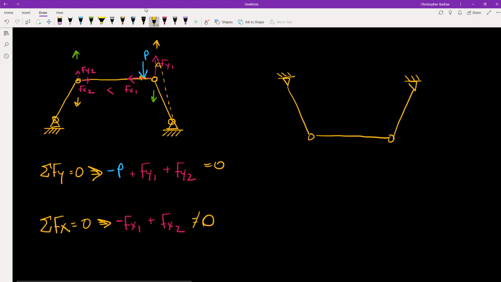On the left side, this joint would move down, and this member would become more horizontal, and so its horizontal component would grow. And eventually, we would come to a point where Fx2 is equal to Fx1, and we would reach equilibrium.